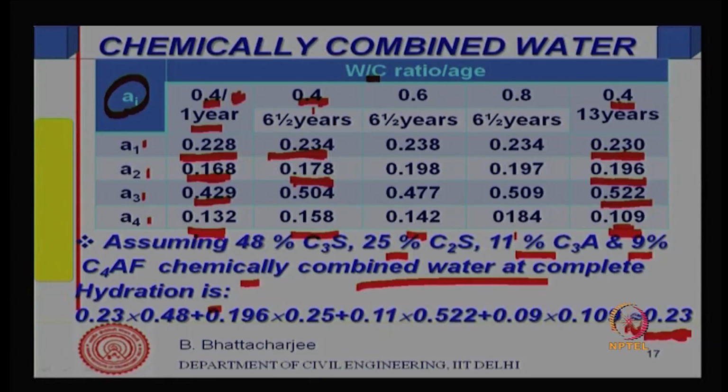Generally, supposing you consider this as 55, this as 22 and this is maybe somewhat less, the value will change, but round about 0.23 only. So, 1 gram of cement reacts with 0.23 grams of water for complete hydration. 13 years is a very long time, after that there was practically no hydration.